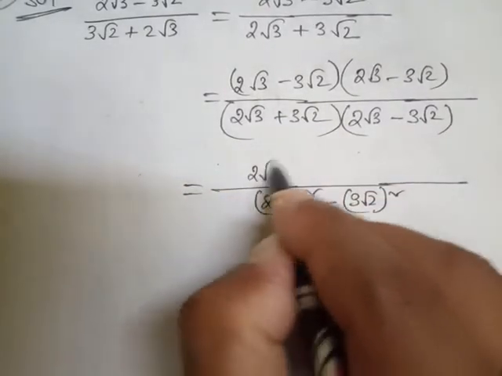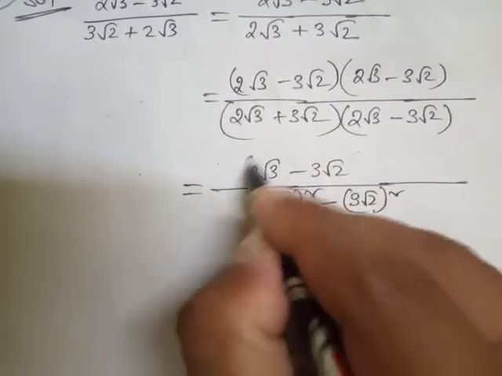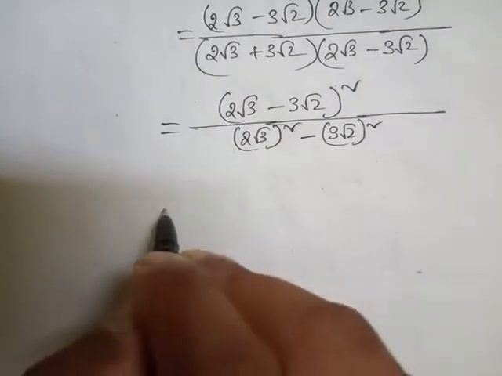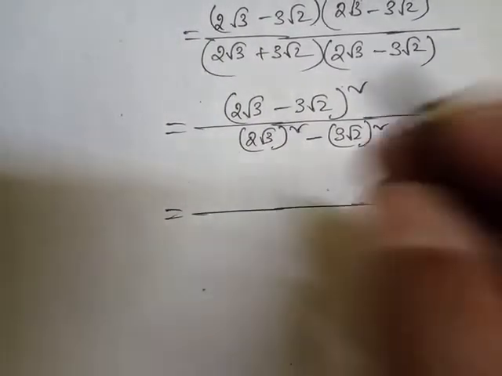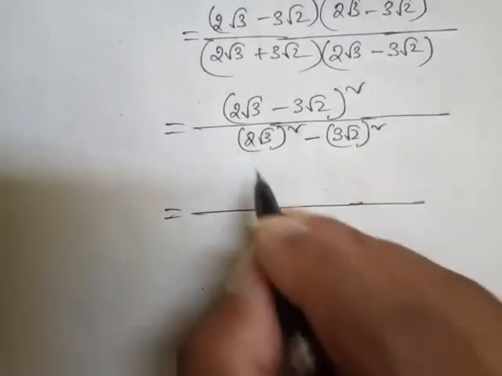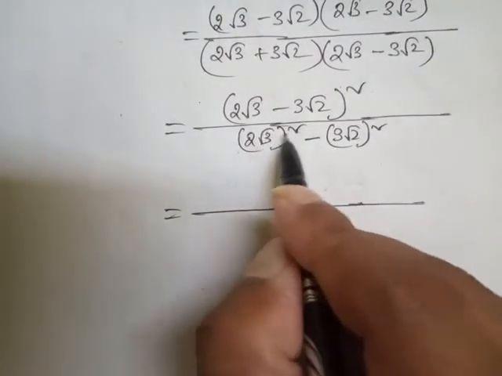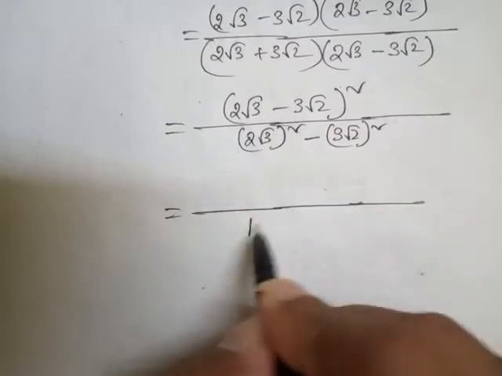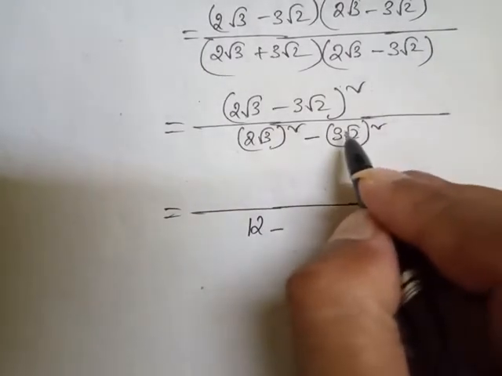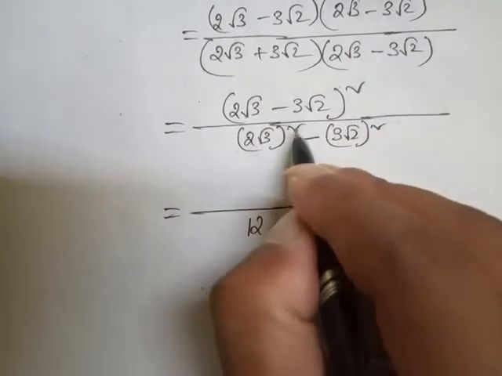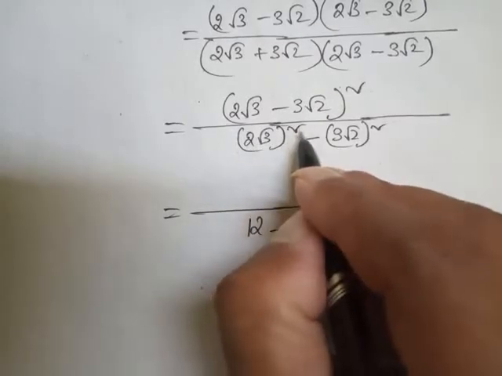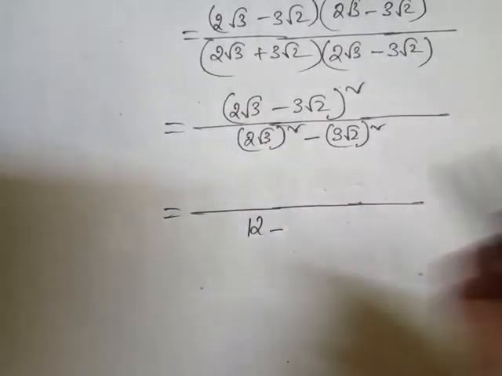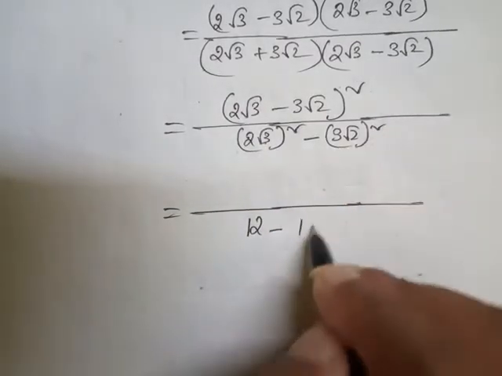Next, look: 2 square is 4, root 3 and square cancel, so 4 times 3 is 12, minus 3 square 9, 9 times 2 is 18.